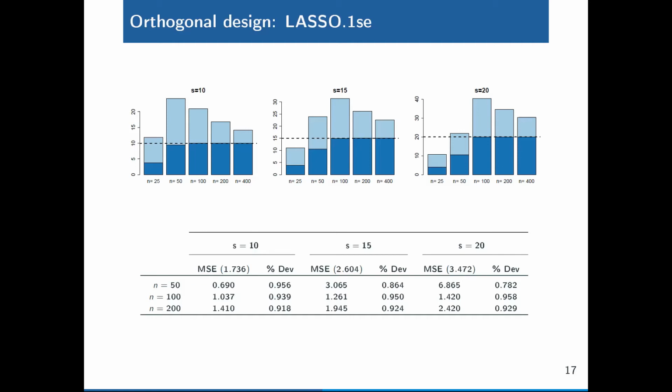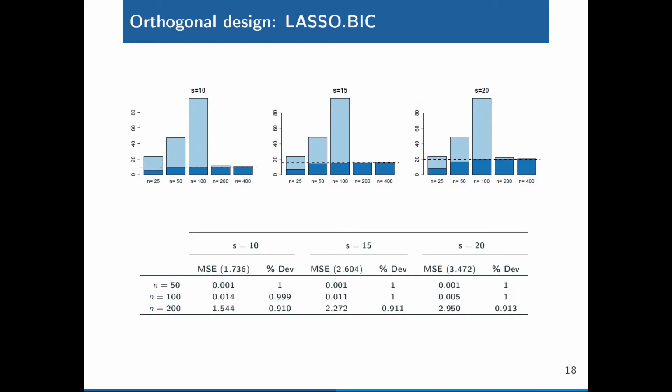So we have decided to try another type of selection of lambda. For this, we propose to select lambda minimizing a global criterion such as the BIC.